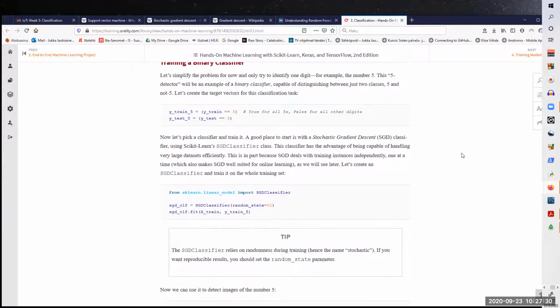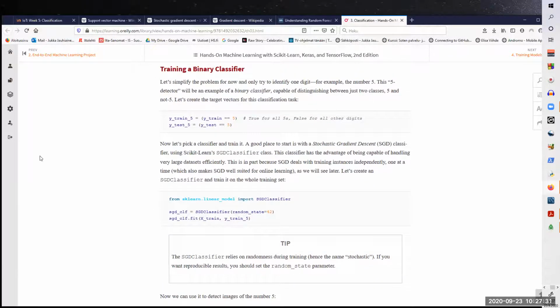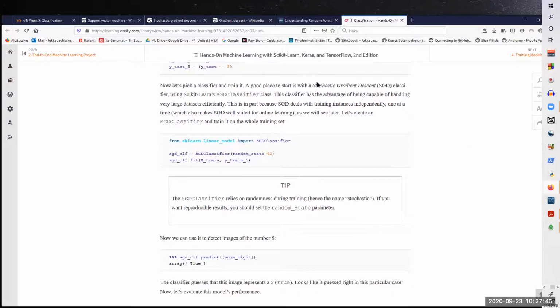And then here is described how to train a binary classifier. So there are only 2 possibilities. Either the number is 5 or it's not 5. So the first classifier this example uses is the stochastic gradient descent, which is suitable for handling large datasets efficiently, like I mentioned before.